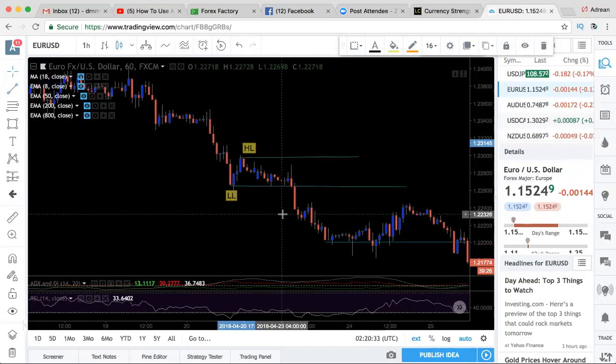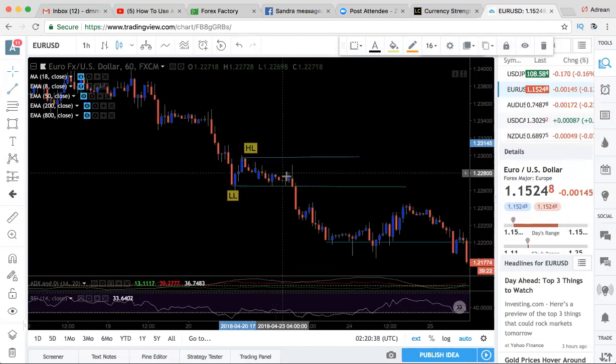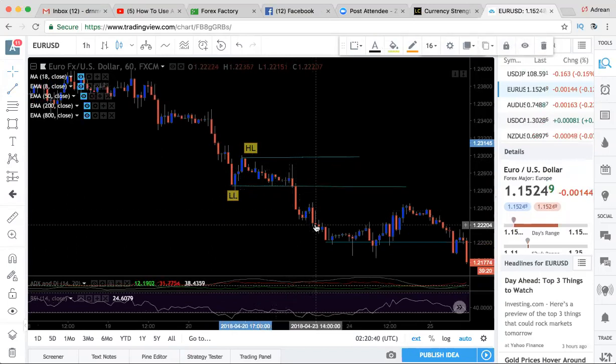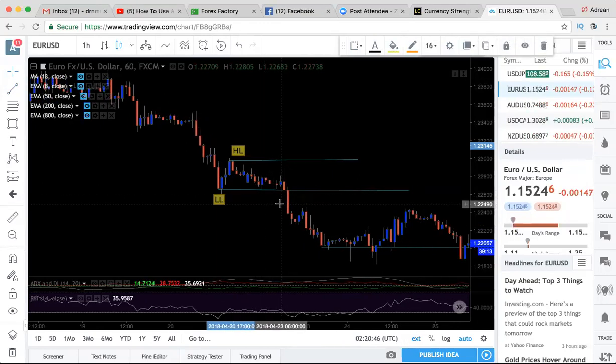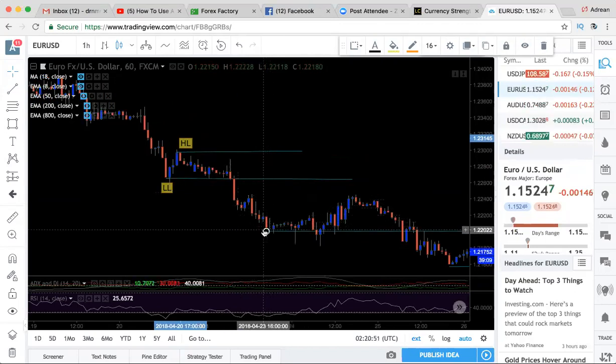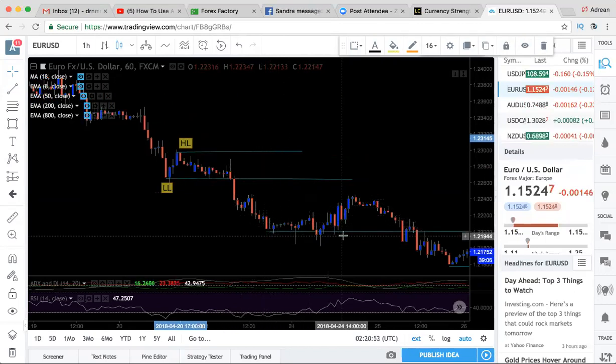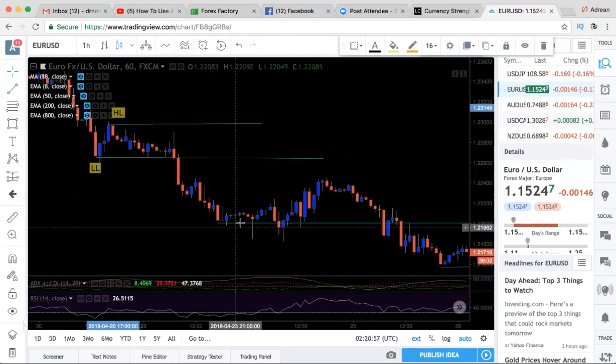Just like we said before, the market creates a high, and then what happens? It breaks through. Now where it was resistance, it's turned into support. The market goes down again. Guess what? I draw another line. This is my new support.